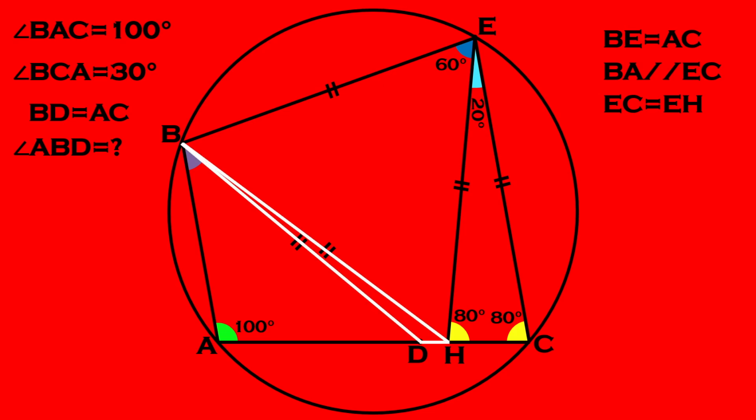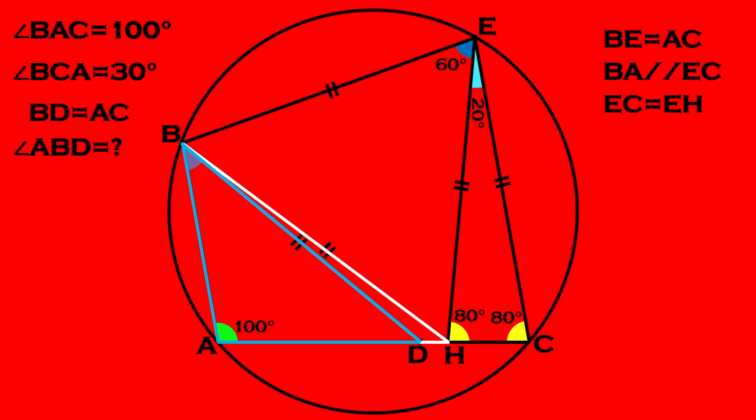Now, on this white triangle, we conclude again that it's isosceles, and we apply the same logic as we applied in the previous scenario. The angle BDH is an external angle of the blue triangle, therefore it's greater than the interior angle of 100 degrees.